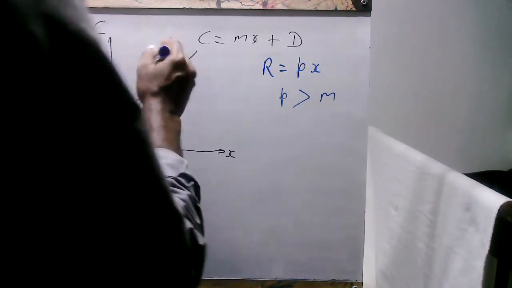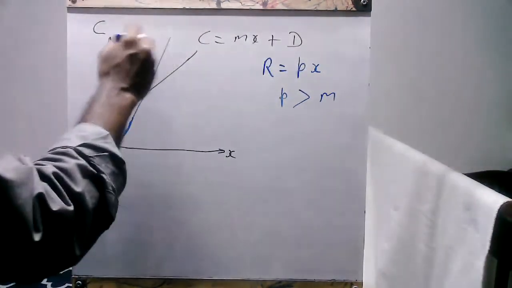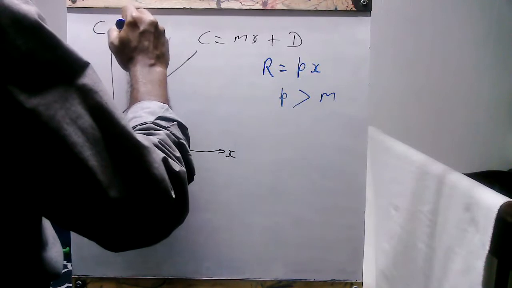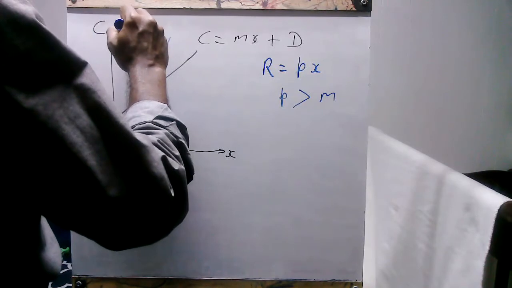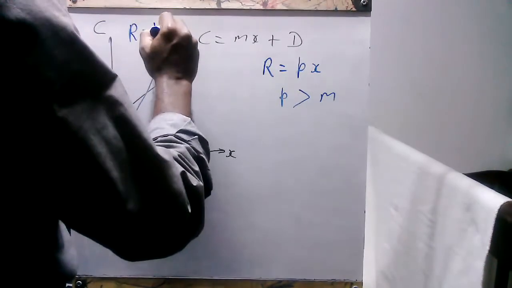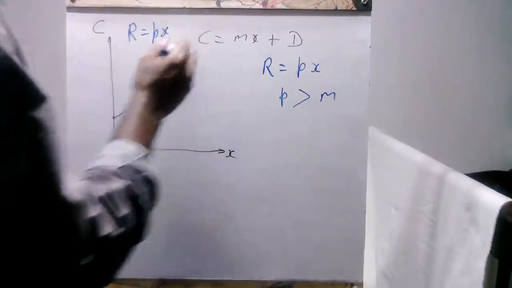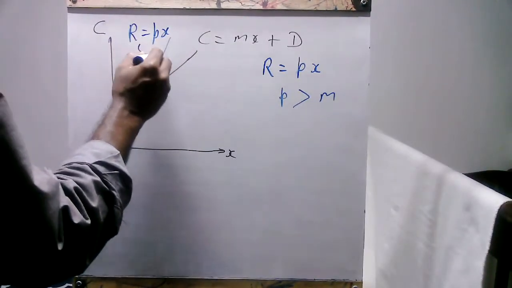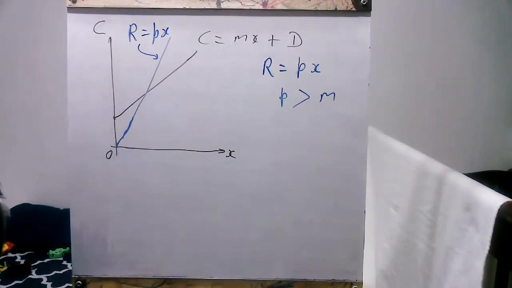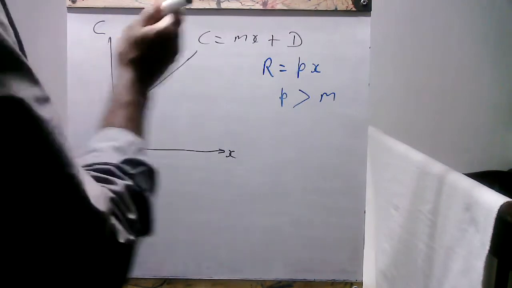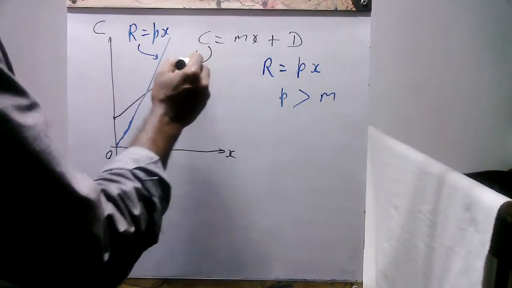So what is this one? This is the revenue graph. I write it here, R equals P times X. This is this, and this is this.